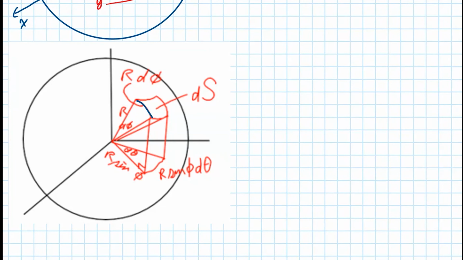So that's R. Let's not call it rho, because rho is a variable. This thing is a capital R, which is the radius of the sphere. Then do you see that is R d phi?